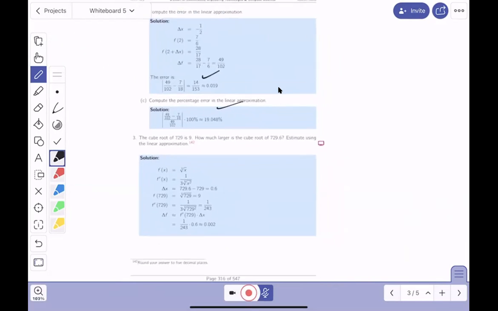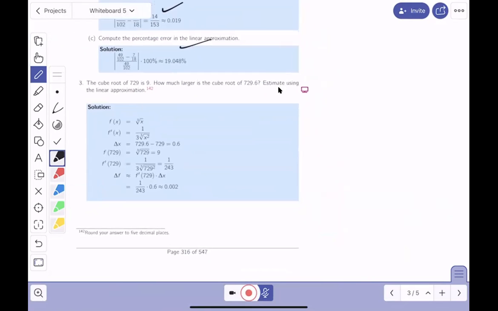It says the cube root of 729 is 9. I'll write that down. So the cube root of 729 is 9. Okay, so it says, how much larger is the cube root of this thing? So I'm going to say f of x is a cube root function.